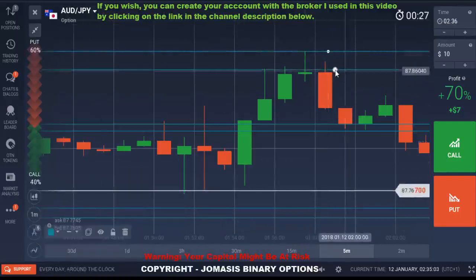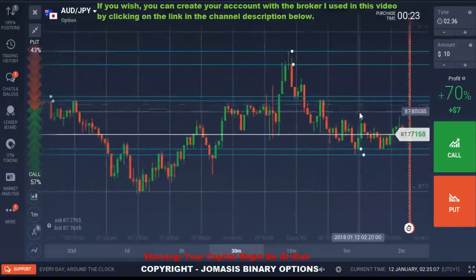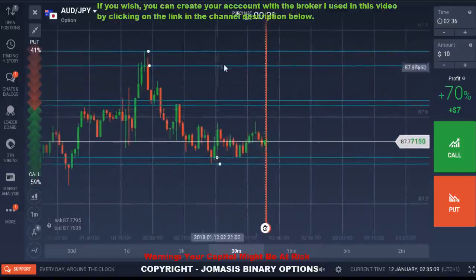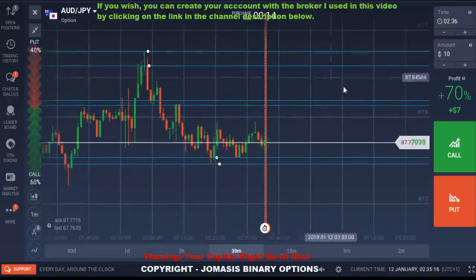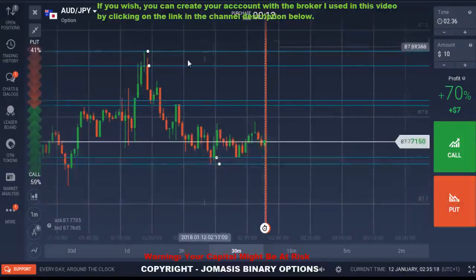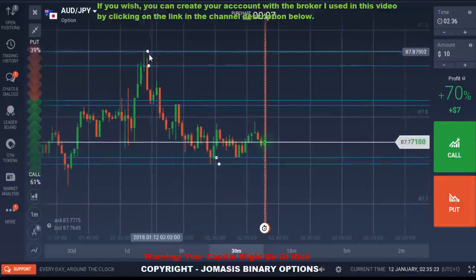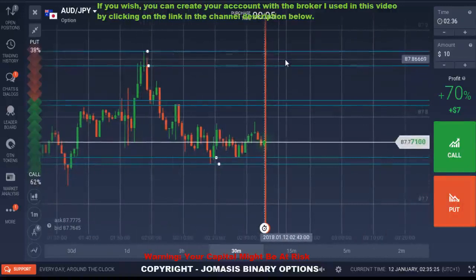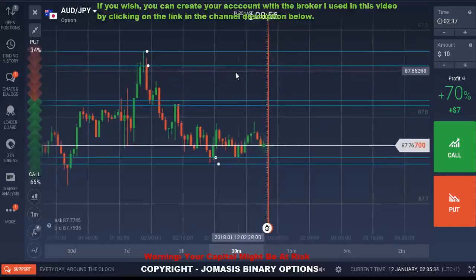What most traders do is, the first candle that hits this level for the first time, if it gets rejection, they place their trade because they believe the market is not going to break this resistance level for the first time. But that is not true. In some cases it breaks it, but in most cases it doesn't break through.